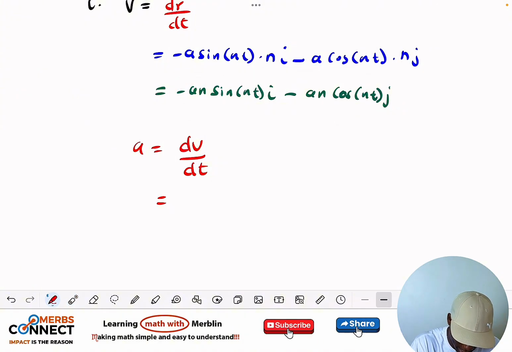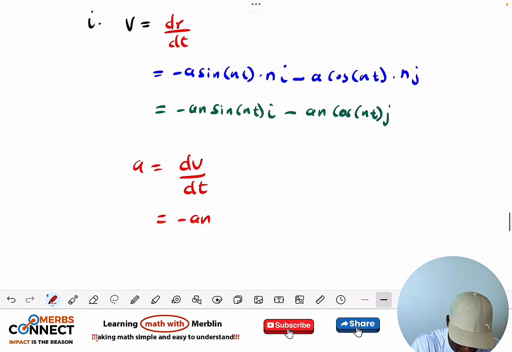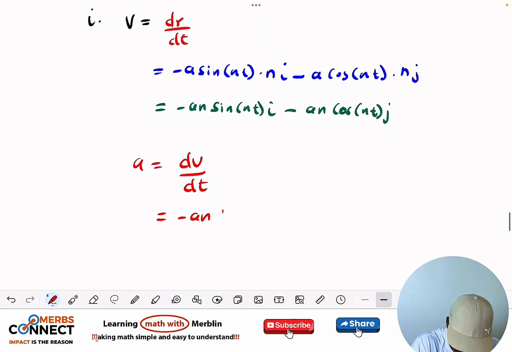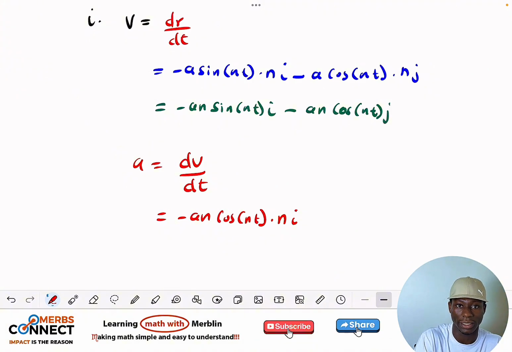So let's go again. This is minus an. When I differentiate sine, I'm going to get cos. So this is going to give us something like cos nt times, when I differentiate what is inside, I get n i. And when I differentiate cos, I'm going to get minus sine.